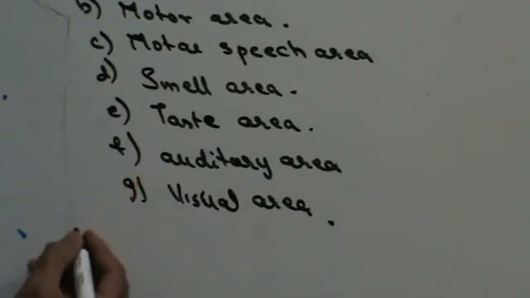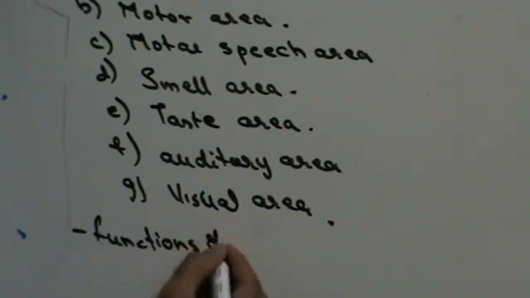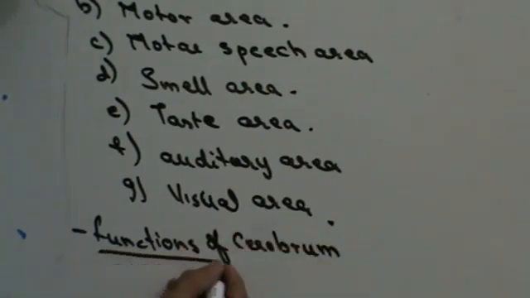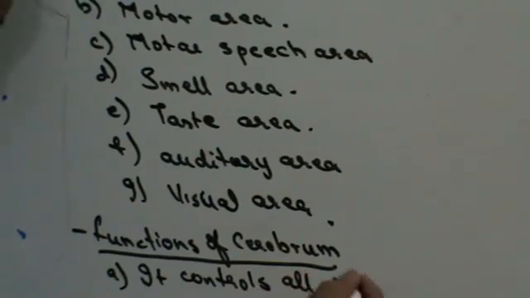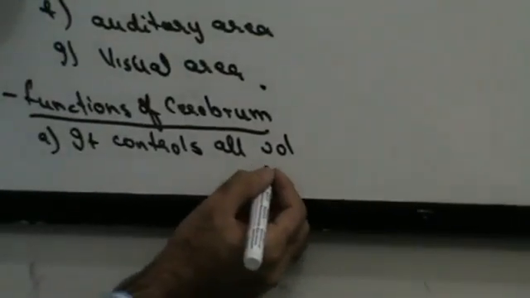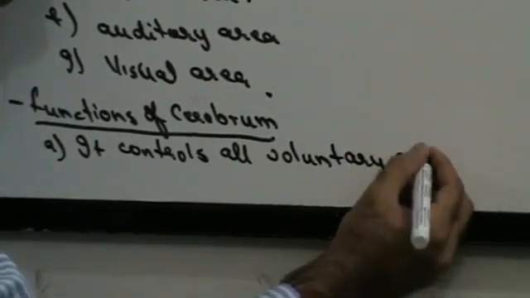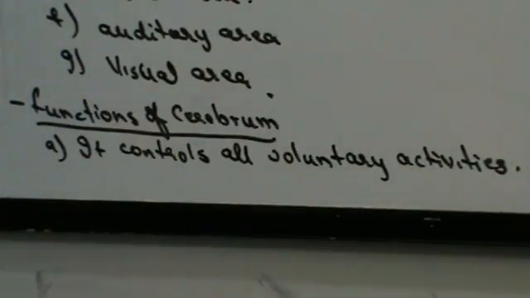Functions of cerebrum. It controls all voluntary activities.